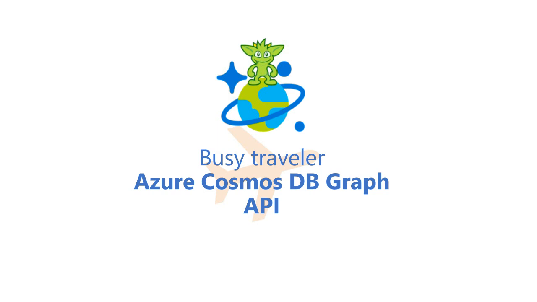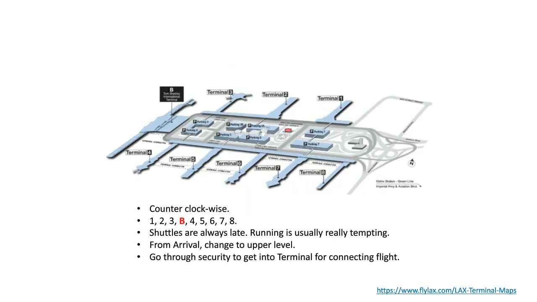In order for this to be really real world, I chose a real example of an airport, actually a pretty terrible airport. This is LAX, and the LAX airport is known for not being easy to go from one point to another. For example, all the terminals are in counterclockwise order, so you may see that it starts with 8 and ends with 1 in a counterclockwise perspective.